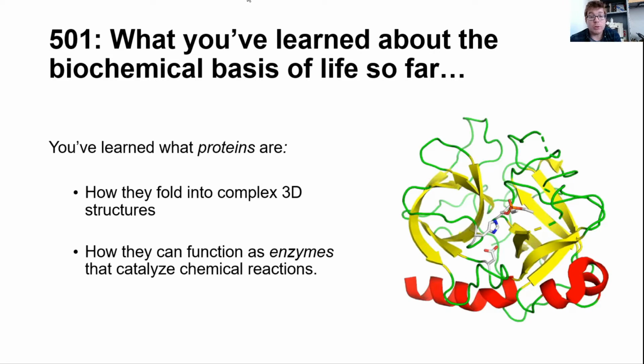You learned what proteins are. You learned that there are these fantastic polypeptide chains that can fold into complex three-dimensional structures, and those structures that those proteins adopt enable them to function as enzymes that can catalyze a whole slew of important and distinct chemical reactions inside the cell.